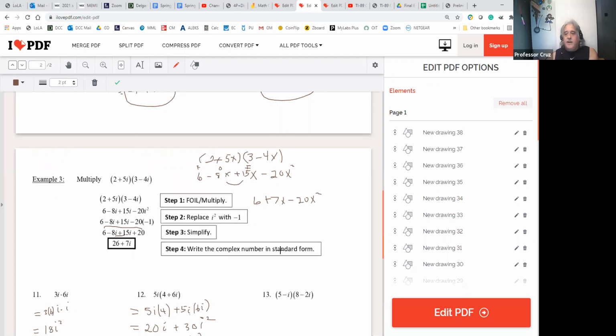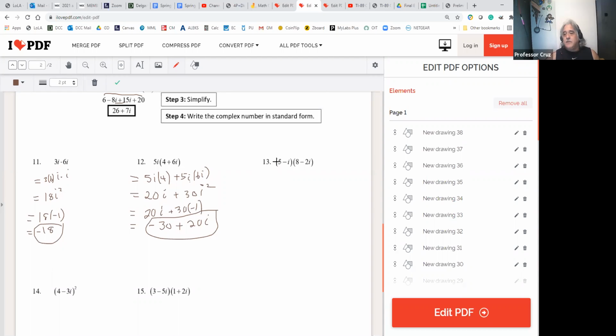Now, the one we're looking at is pretty much like the example, so it's just FOIL it out. 5 times 8 is 40. 5 times negative 2 is negative 10i. Inside is negative 8i. And negative times negative is going to be positive. It's just negative 1 times negative 2, positive 2i squared.